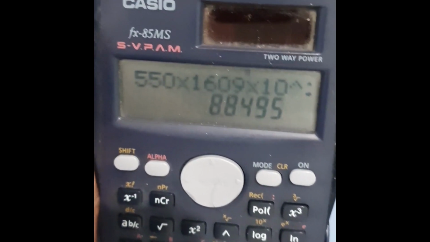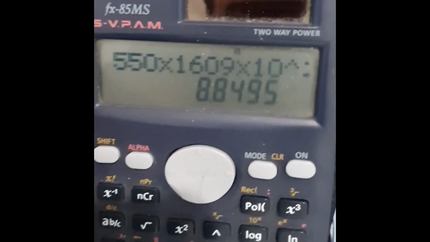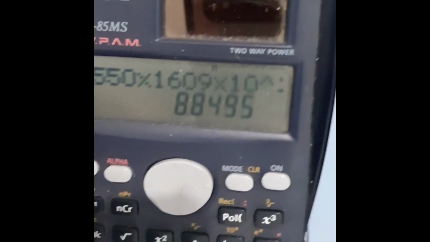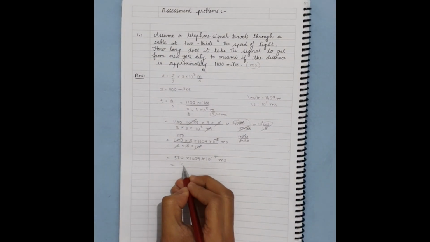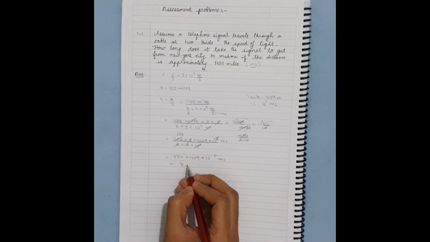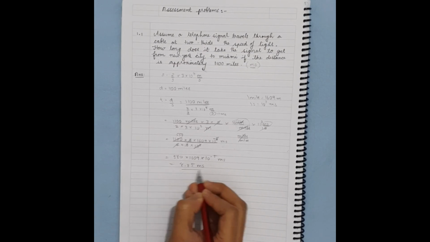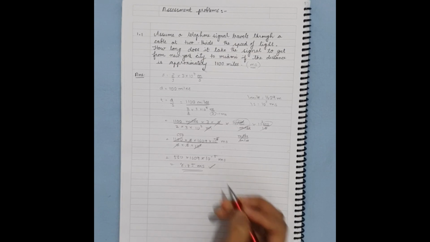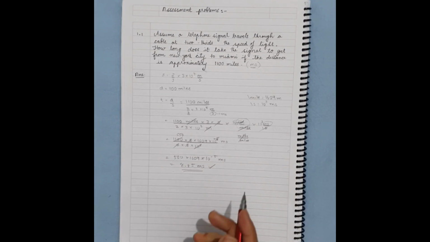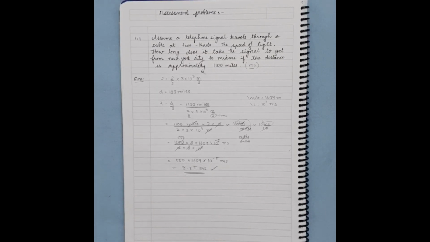This is 8.8495, which is approximately 8.85. So let's write the answer down: 8.85 milliseconds, and this is the answer in the textbook as well. So we successfully solved this assessment problem. Thanks for listening, and see you in the next video.